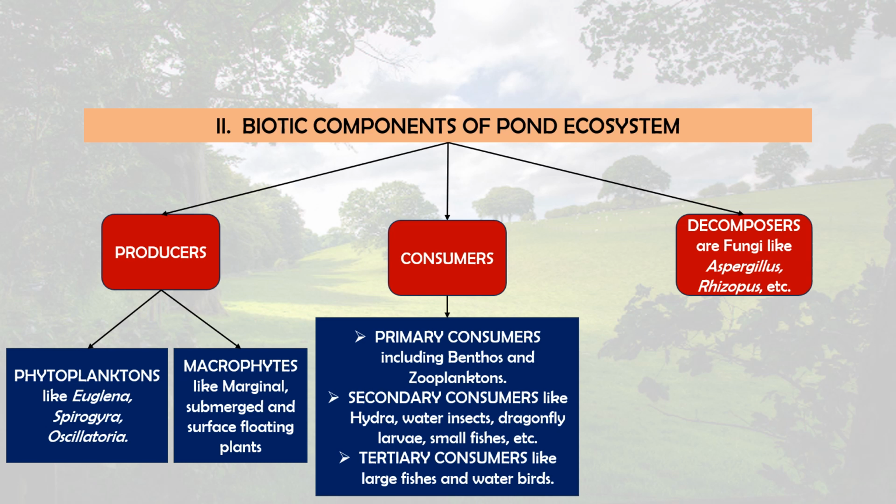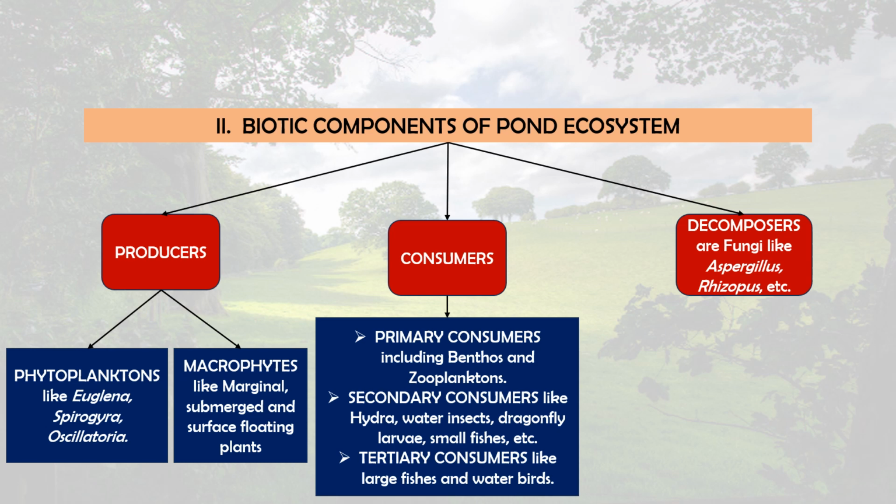Producers are autotrophic green plants which perform the activity of photosynthesis using the abiotic factors like sunlight, water, soil, air. They use all this energy to produce food, and mainly the producers that are found in the pond ecosystem are phytoplanktons and macrophytes.